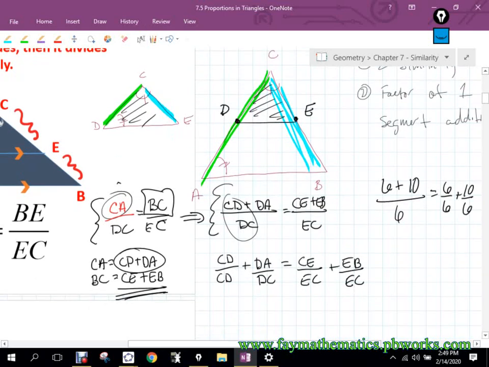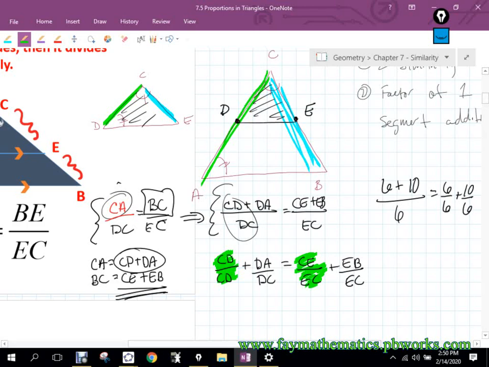Now, here's my question. What is something divided by itself? What's CD divided by CD? No matter what CD's length is. It's 1, right? What's CE divided by EC, or CE, again, divided by itself?